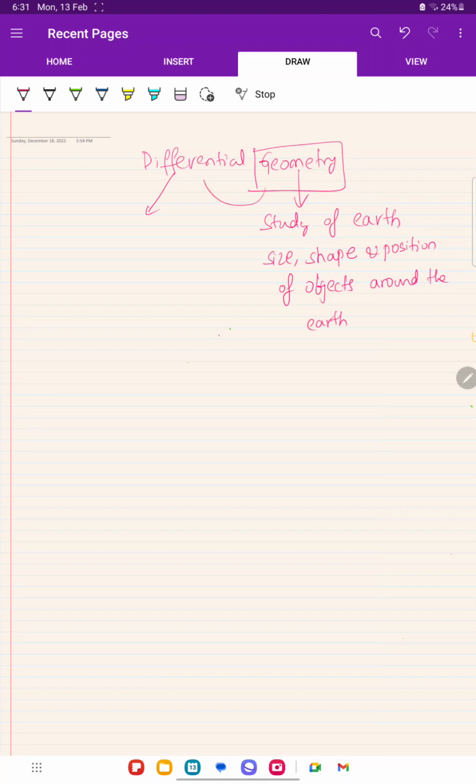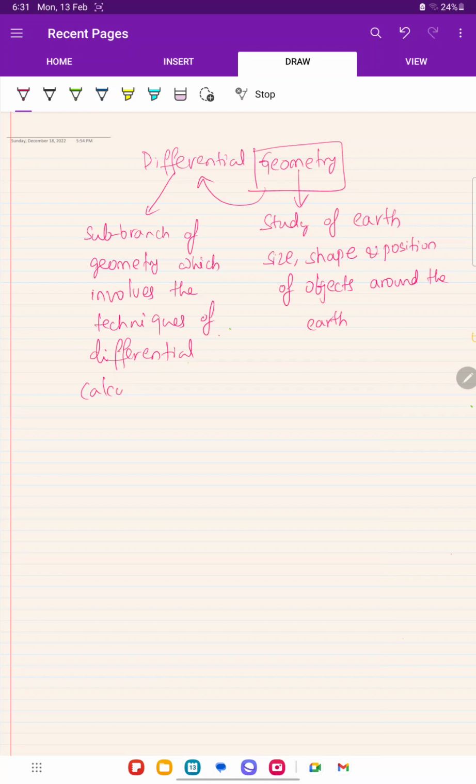Now coming to differential geometry. Differential geometry is nothing but a sub-branch of geometry which involves the techniques of differential calculus as well as integral calculus for solving problems in geometry.